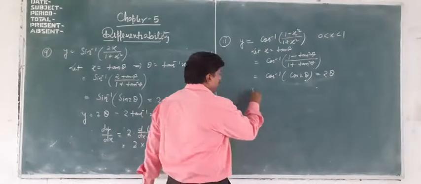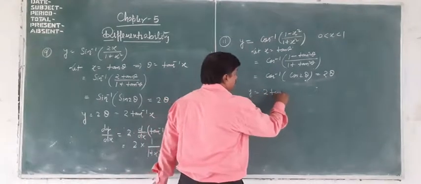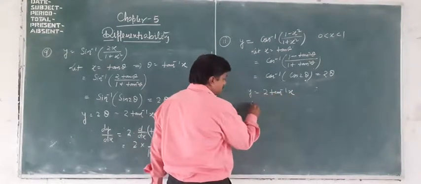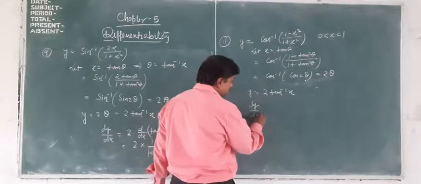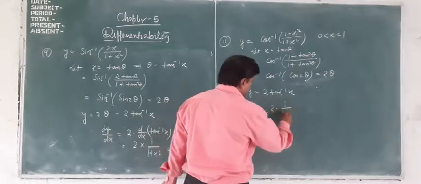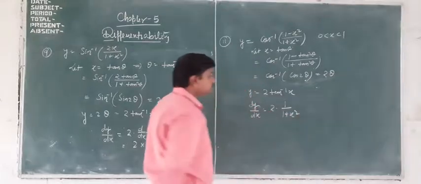So y equal to 2 tan inverse x. Differentiate with respect to x: 2 times the derivative of tan inverse x, in the same way.